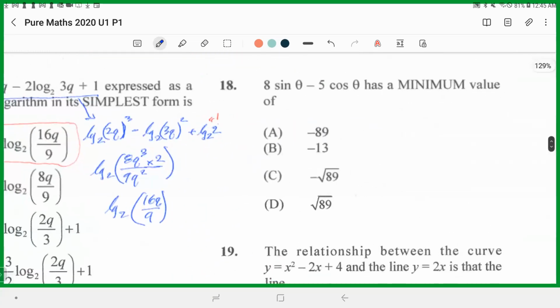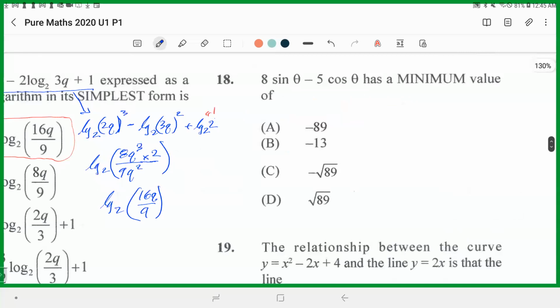Number 18 gives us this, and wants us to know the minimum value. That is the sum of sine and cos. So remember now, this can be written in the form r sine theta minus alpha. Right? So the r is the square root of 8 squared plus 5 squared.